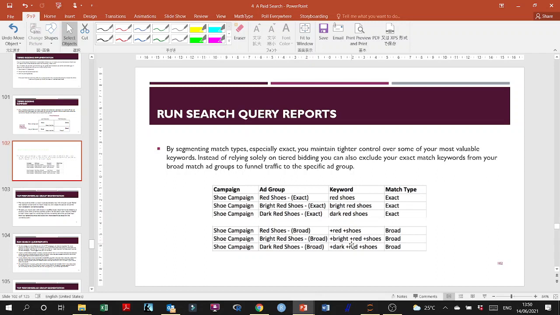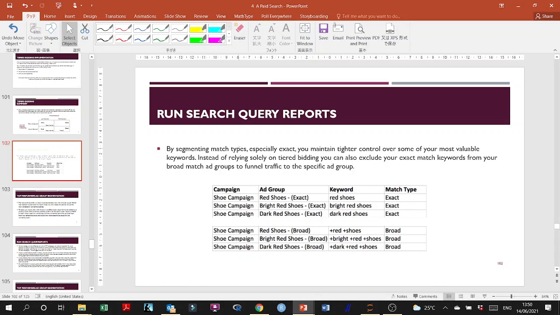This is the match type within the ad group. And then here's dark red shoes, with an exact and a broad.